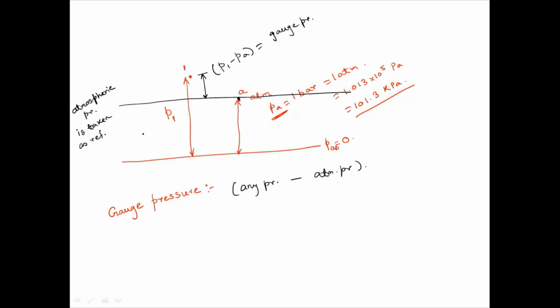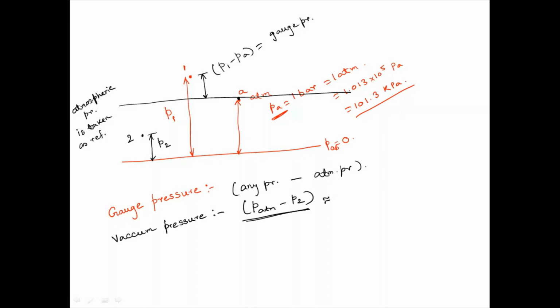On the other hand, the vacuum pressure. Vacuum pressure means it should be below the atmospheric line. Here, take some point as 2. The absolute pressure of point 2 is P2. But if you are asked how much vacuum it is, the vacuum pressure will be P atmospheric minus P2.